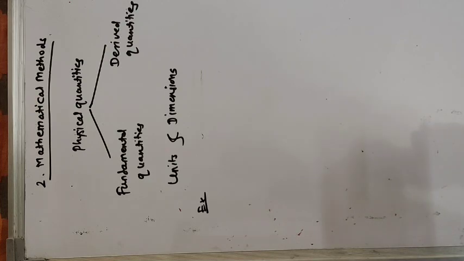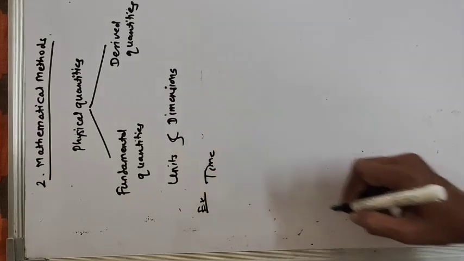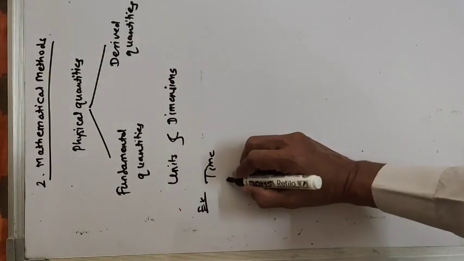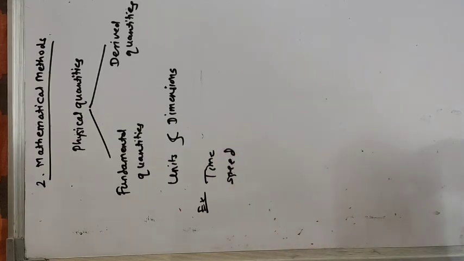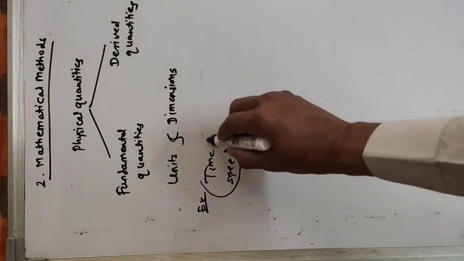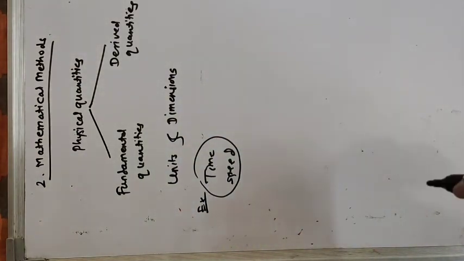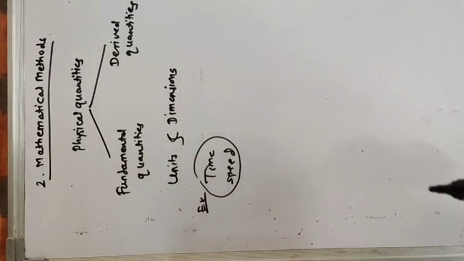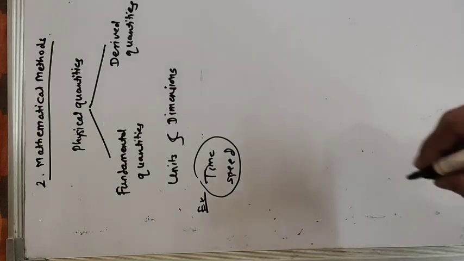We are given the time for which the person walked with a certain speed. By knowing these two quantities, you can easily find out the distance covered by the person.